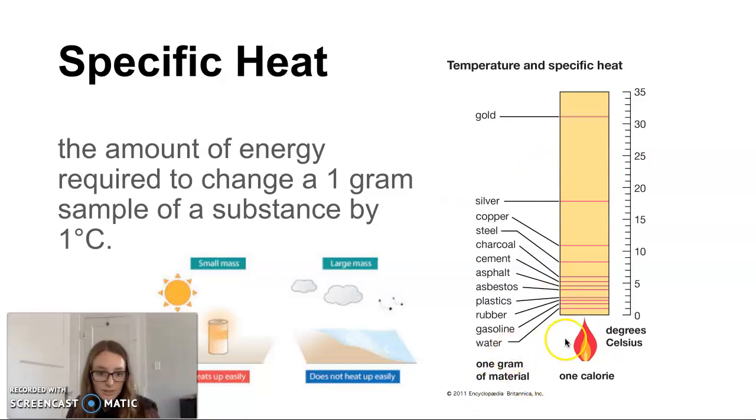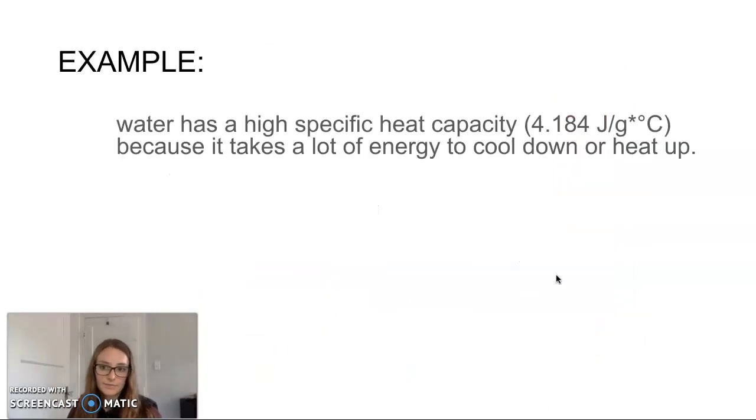For 1 gram of each of these materials, if you put 1 calorie worth of heat into it, the water only changes by about 1 degree, versus gold changes by 31 degrees Celsius when 1 calorie was applied to it. And that is because they have different specific heats. Some require more energy to change the 1 gram sample by 1 degree Celsius, versus some require less.